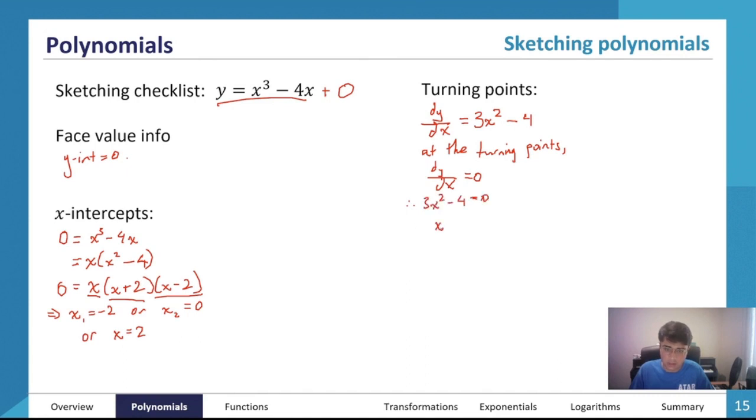And then we can state that x squared is equal to 4 over 3. So x is equal to plus or minus the square root of 4 over 3. Just doing a little bit of simplification, this is going to be plus or minus 2 over root 3, so it'll be 2 root 3 over 3.